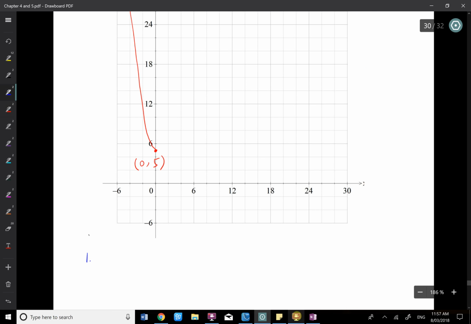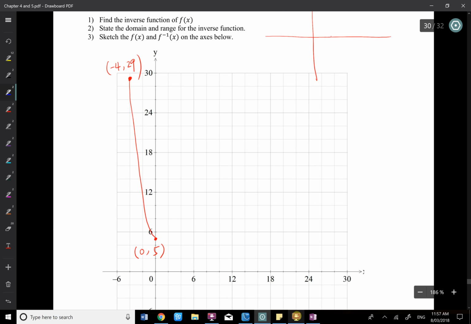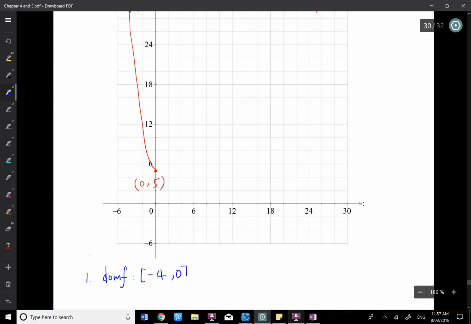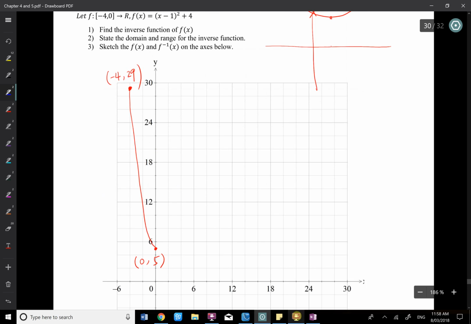Let's go for that. What's the domain of f? -4 to 0. And what's the range? 5 to 29. Number 3, we swap x and y.